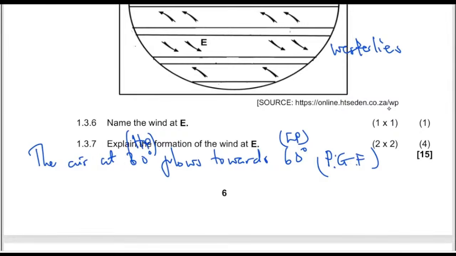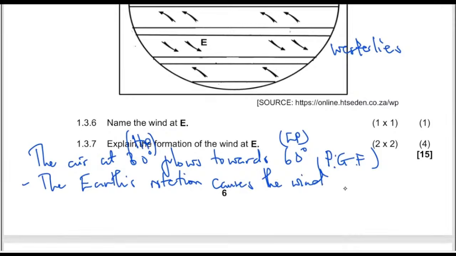And what is going to happen? The Earth's rotation causes the wind to be deflected. In other words, we are looking at Coriolis force.